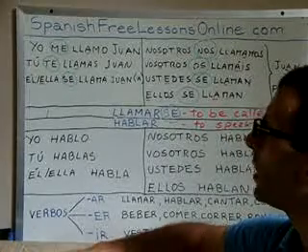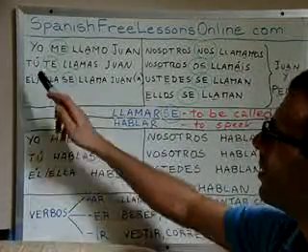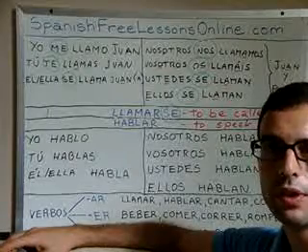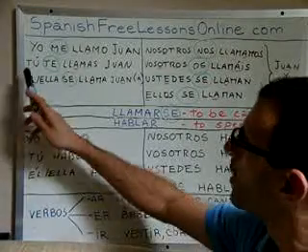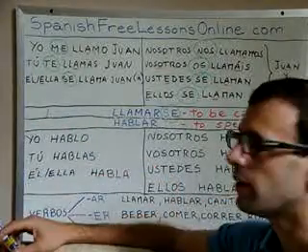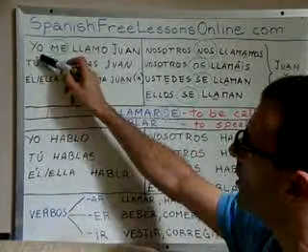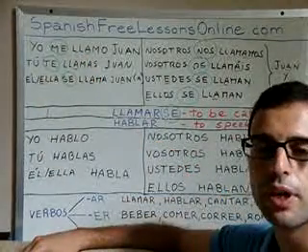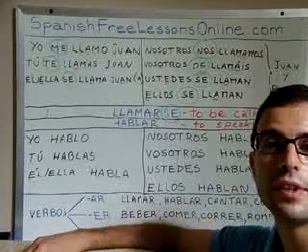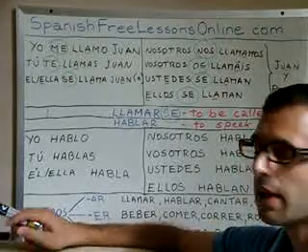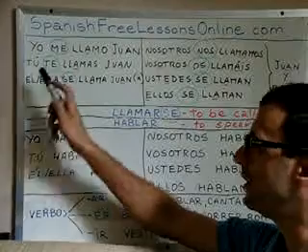So sometimes I will write tu with a tilde and sometimes tu without a tilde. When tu is a synonym of you, it goes with a tilde, like here. When tu is a synonym of your, then it's written without a tilde, okay?